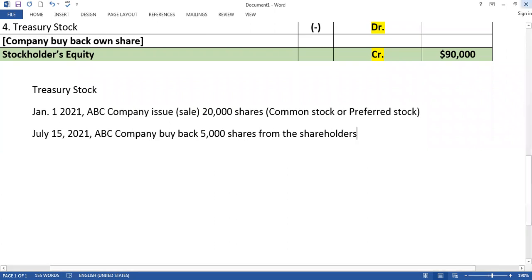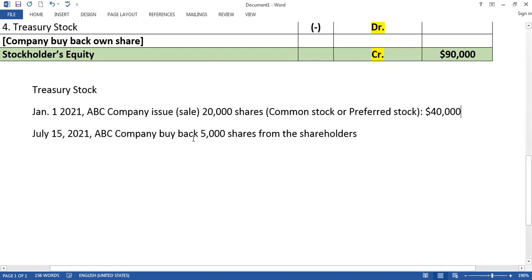For example, when you buy your common stock, you pay maybe $50,000 or $40,000. Okay, so you buy it, right? And you give me $40,000.